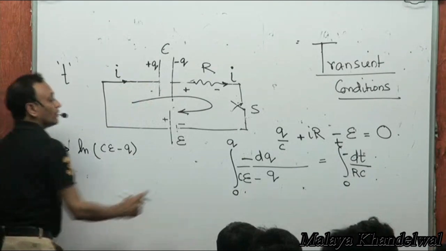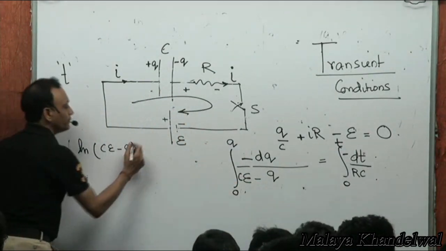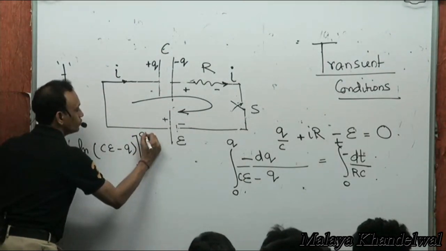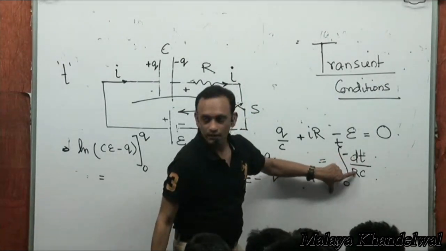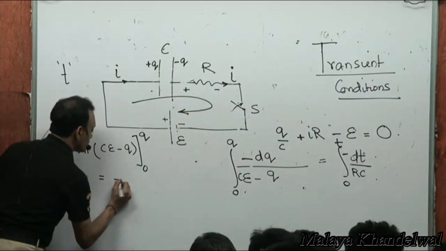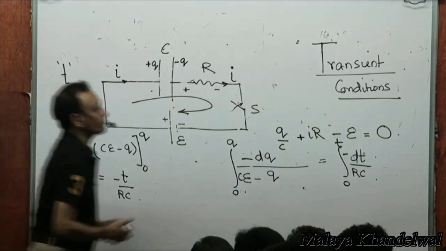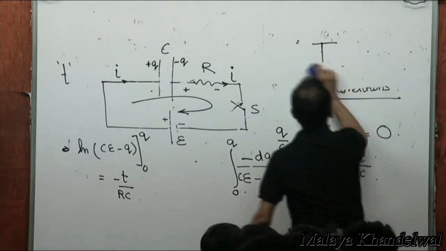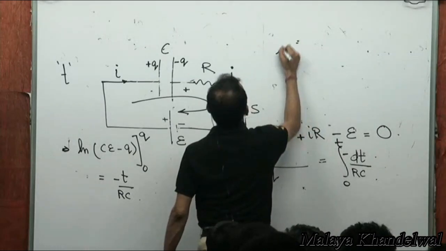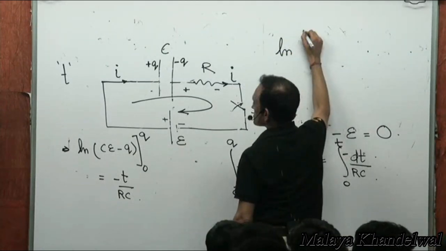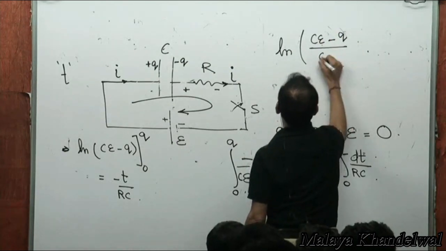So, numerator becoming the derivative of the denominator, the integral would be log of the denominator. Q runs from 0 to q. That must be minus t by RC. This will give me the transient variation of charge with time, which is log of C epsilon minus q divided by C epsilon when I supply the limits.